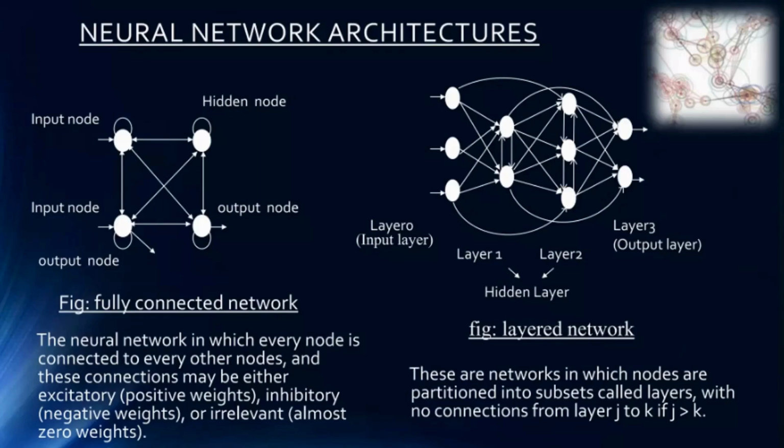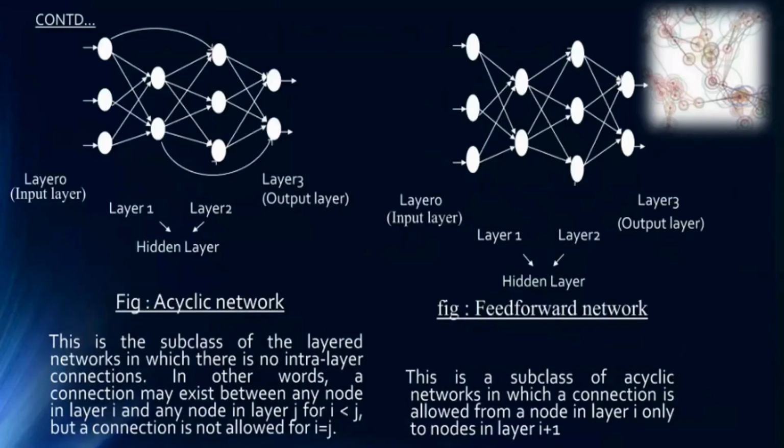Those are the networks in which the nodes are partitioned into subsets, the layers, which have no connections from the layer. So here we consider acyclic networks and feed forward. We already discussed feed forward networks and feedback networks, right?